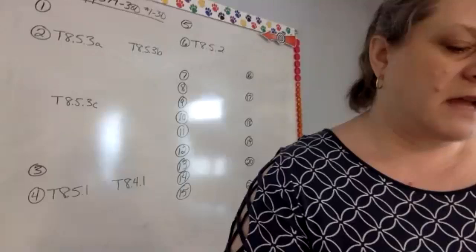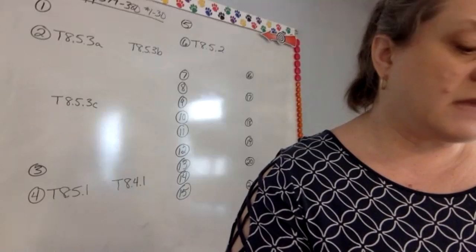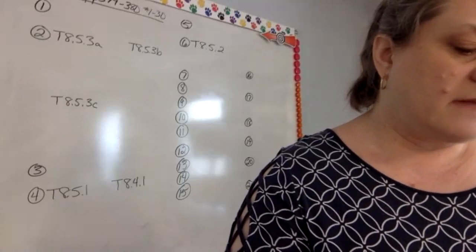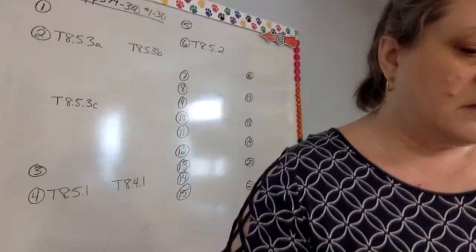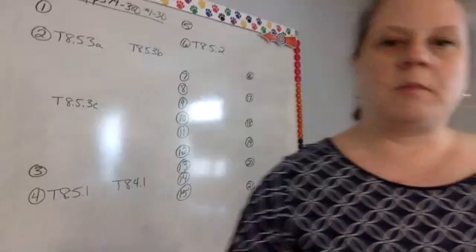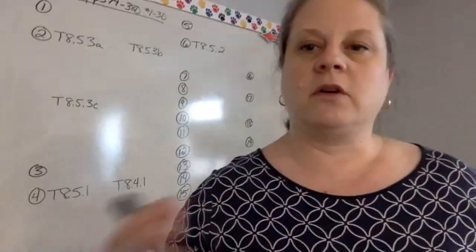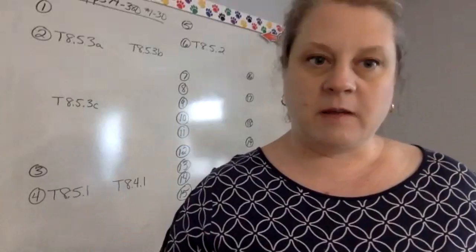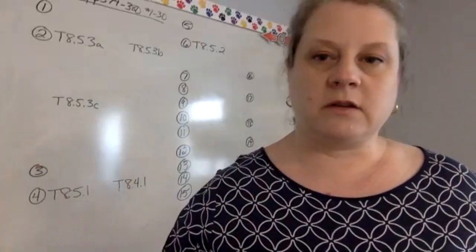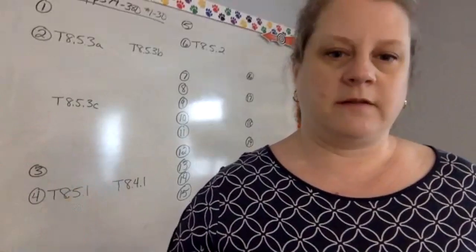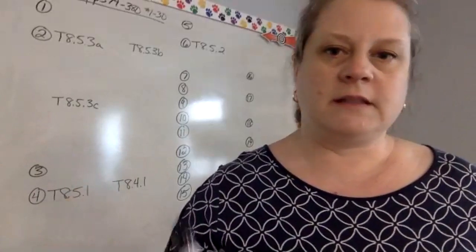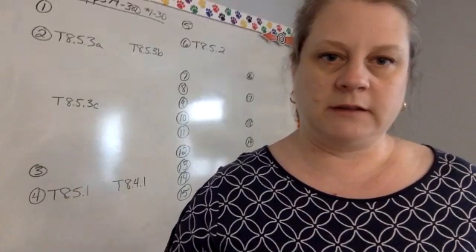And then the measure of an angle formed by the intersection of two tangents is 1/2 the difference of the measures of the intercepted arcs. So basically the main thing you need to remember, if it's inside the circle, you're going to end up adding and dividing by 2. If it's outside the circle, you're going to end up subtracting the arcs that it cuts off and dividing by 2. So inside we add, outside we subtract.